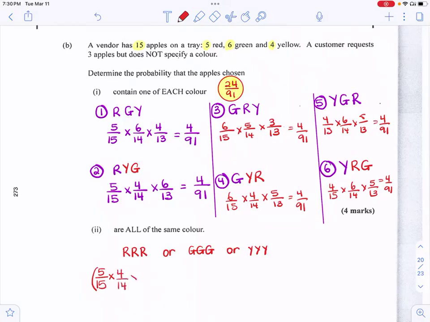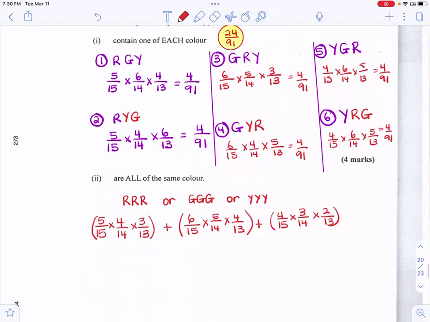And one more red, Shazad. 3/13. Right. Micaiah, the probability of choosing a green. 6/15 by 5/14 by 4/13. Shazad, probability of yellow now. 4/15, 3/14, and 2/13. Very good. Check it up, multiply it, give me the answer.